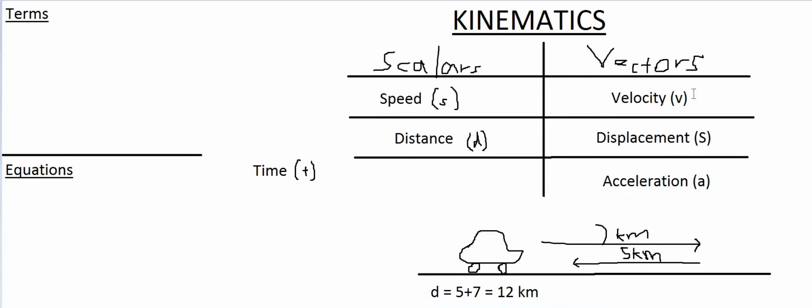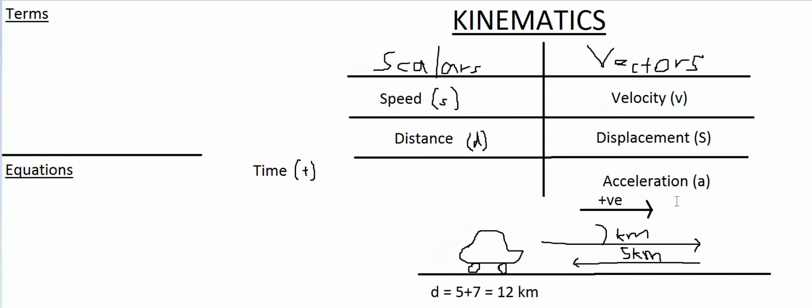Displacement is a vector quantity, so you must also take into account the direction. Let this be the positive direction. Displacement here is not 7 plus 5 km.